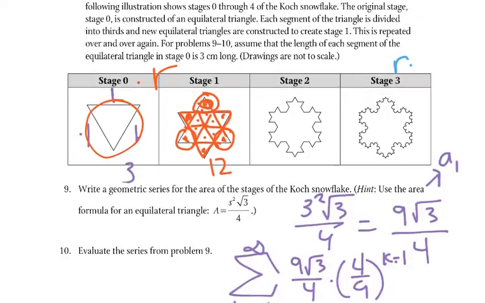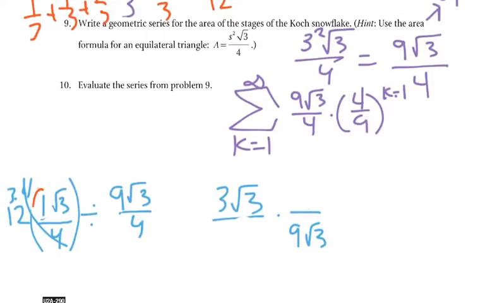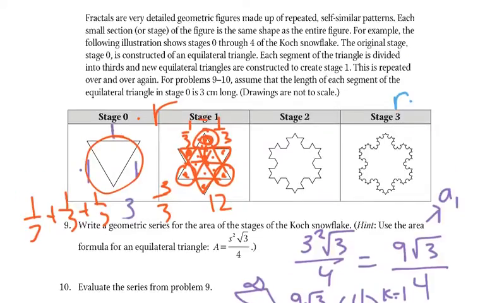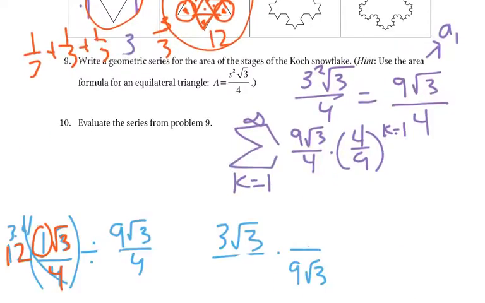So those smaller triangles are 1/3 and 1/3 and 1/3, which is 3/3, or just 1. So I get 1 square root of 3 over 4 for the area. But I have 12 of them, so I multiply by 12. And if we take this and divide it by that area, that'll give us what r is.